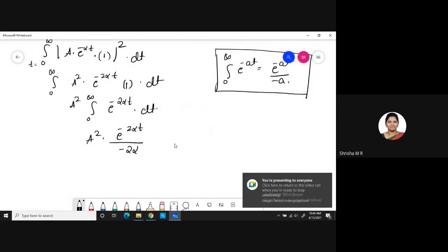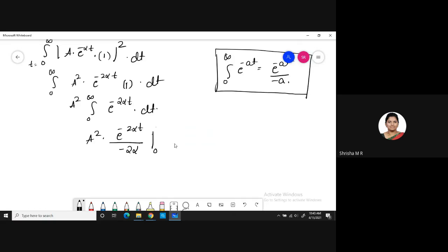So you have e power minus 2 alpha t by minus 2 alpha with limits 0 to infinity. Now we'll take a square by minus 2 alpha, and we'll substitute the limits for t. First we'll substitute the upper limit as infinity and the lower limit as 0.